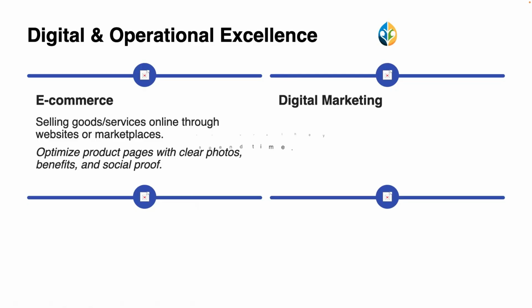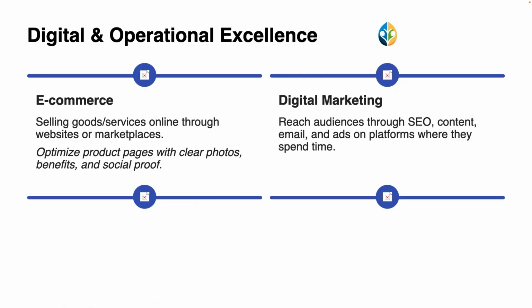Digital marketing: reach audiences through search engine optimization, content, email, and ads on platforms where they spend time, which means you have to do the research and decide which of the platforms will fit a digital marketing strategy you're trying to build. Test one channel at a time and then track your results.